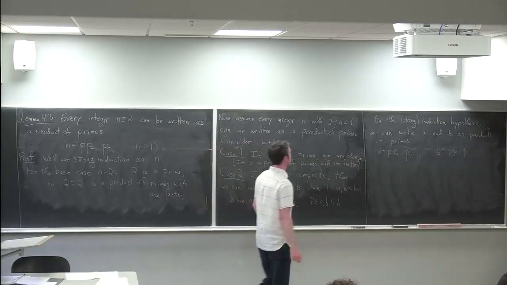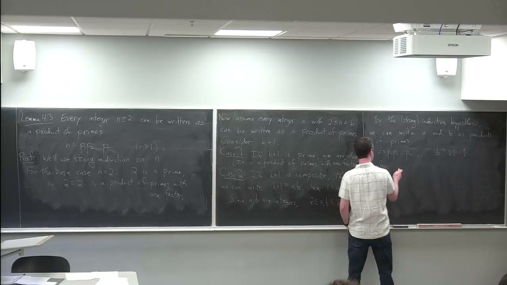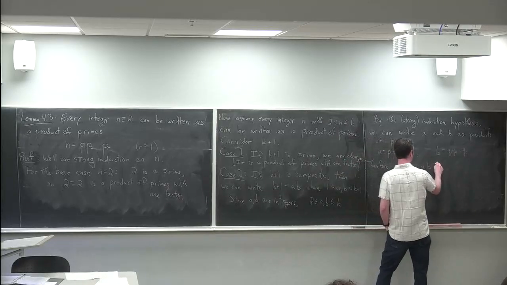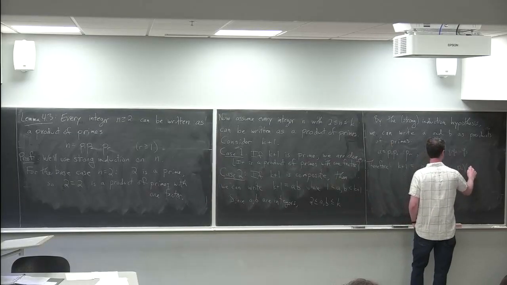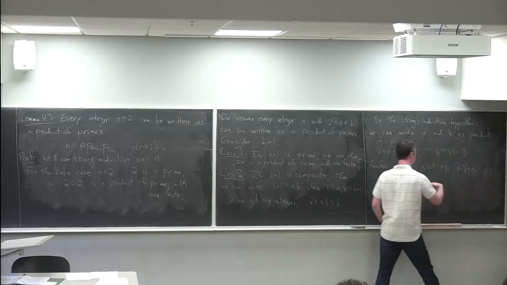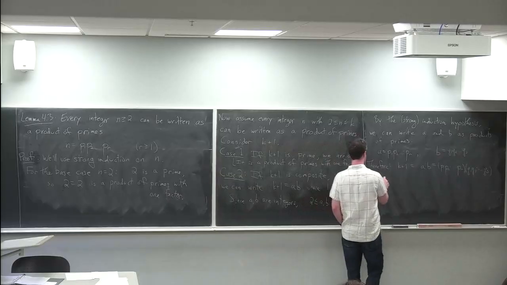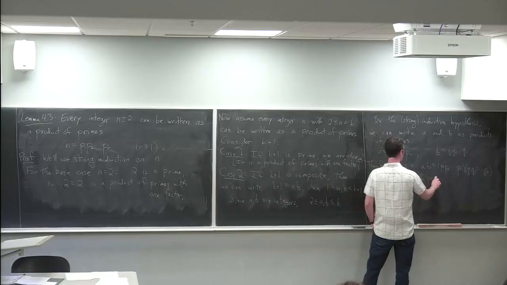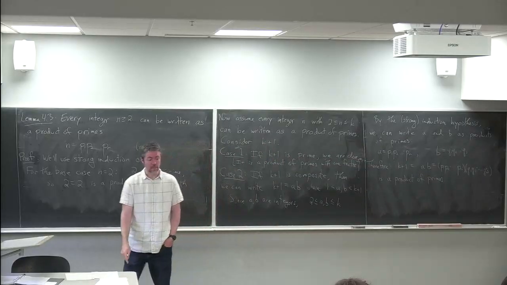And then therefore, what happens is that the number k plus 1, which is A times B, in fact, is the product of all the P's with all the Q's. Okay, and they're all primes, so that's just one big product of primes. Okay, and that completes the induction step.